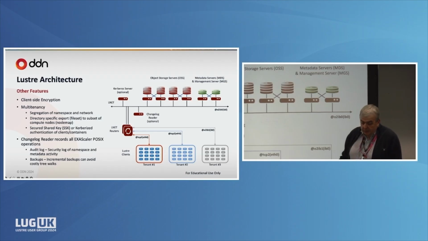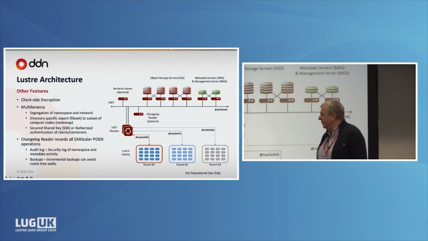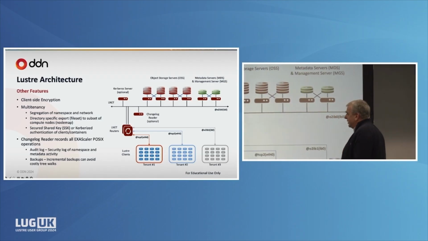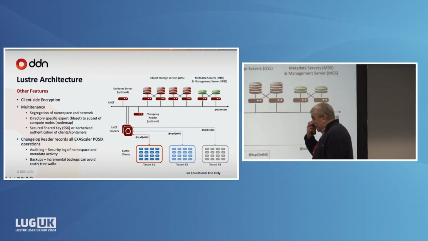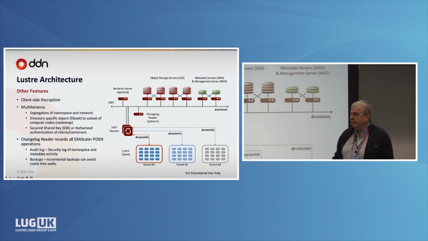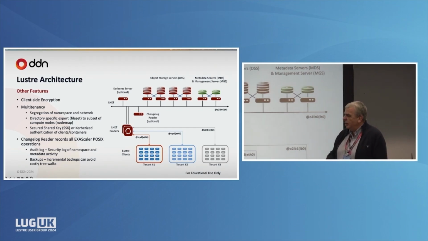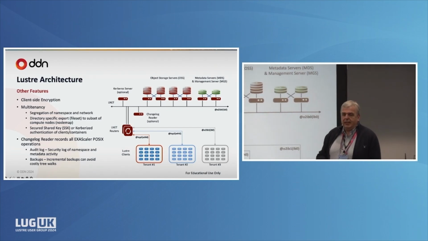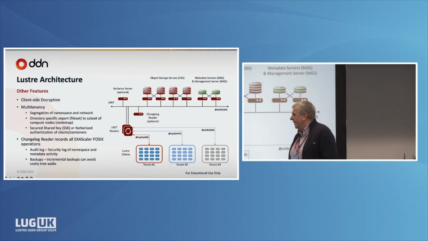And finally, some other nice features, which are not necessarily on this diagram. Multi-tenancy is a very, very hot topic at the moment. How can we create a cohort of people and split that away from the rest? How can we share the infrastructure and not allow that information to be leaked or accessed by any other tenants?